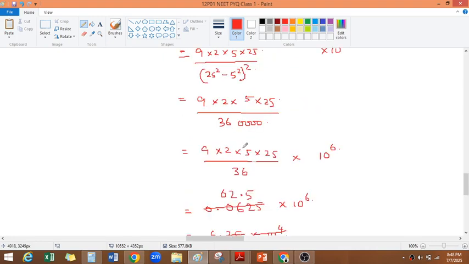Okay, if I don't have a calculator, sir, then this will become 10. We can take this 9 also as 10. So 20 into 25 divided by 36. So suppose I cancel by 4, then it is 5, and by 4, then it is 9. So 9, and times 2 point something. So approximately something like 3 times, so 2 point something, 18, so 7, 70, 72, around 2.7 or something.